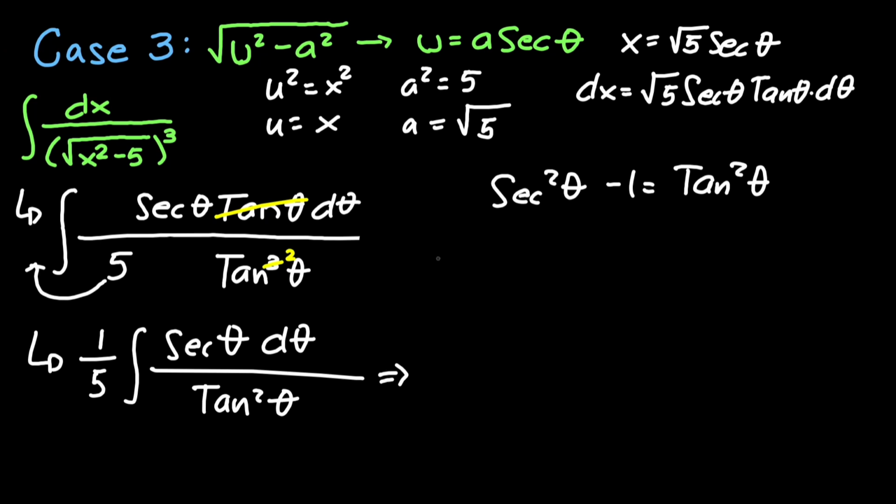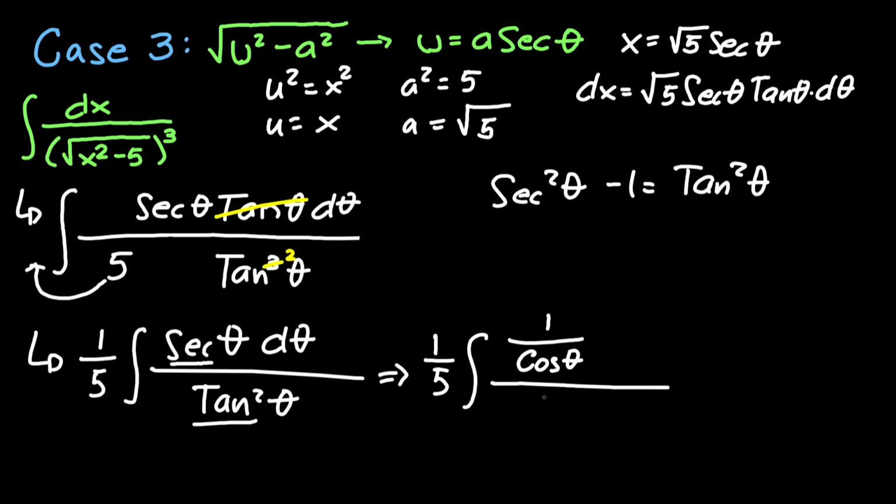And now, in simplifying this, we will put these trigonometric identities into their simplest form. So this would be equal to, the simple form of secant is equal to 1 over cosine of theta, over tangent here is sine squared of theta over cosine squared of theta, because this is tangent squared.